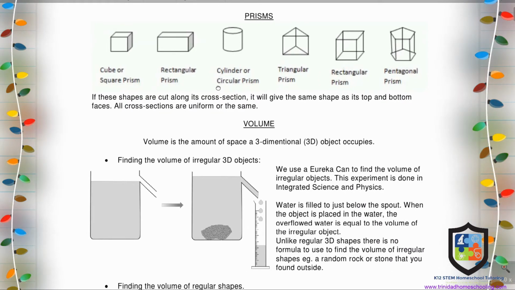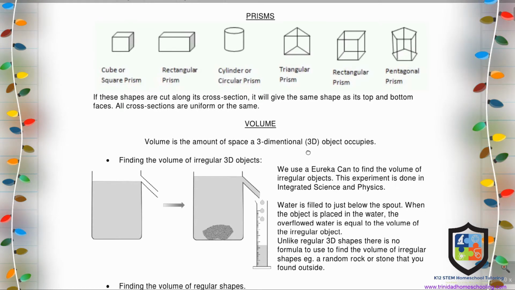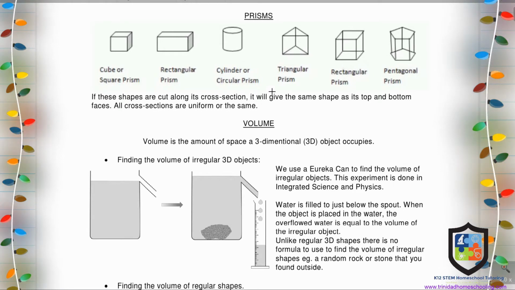So prisms are usually 3D solids, right? 3D meaning three-dimensional. The D stands for dimensional, meaning that they have some length, a width, and a height or depth, right? Unlike a 2D object like a square or a circle, 3D objects have height or depth.